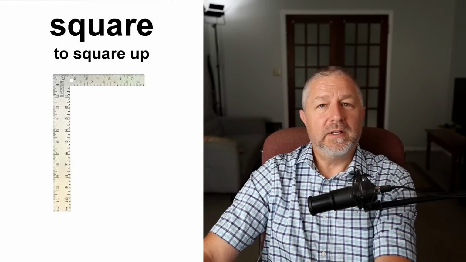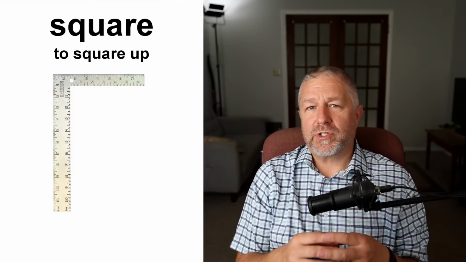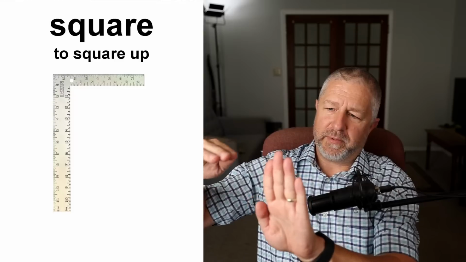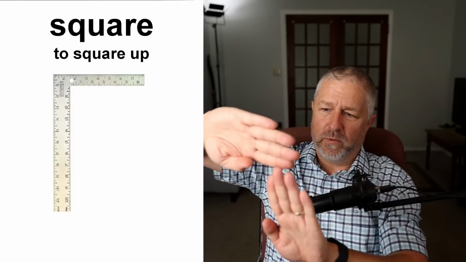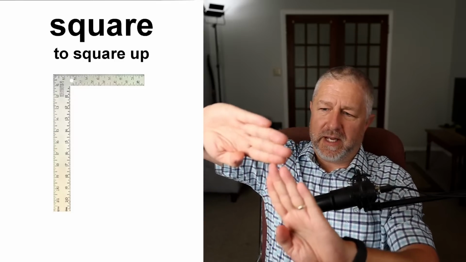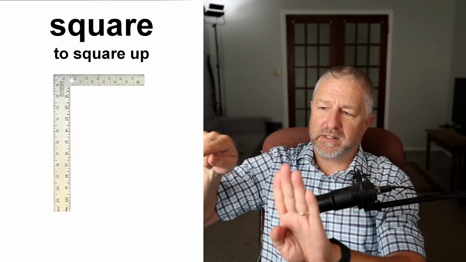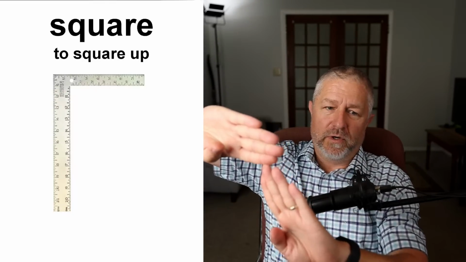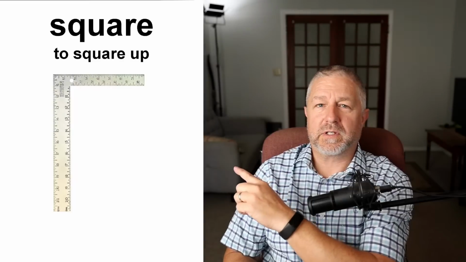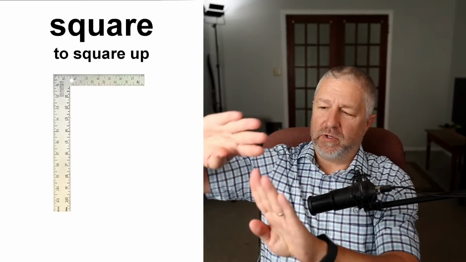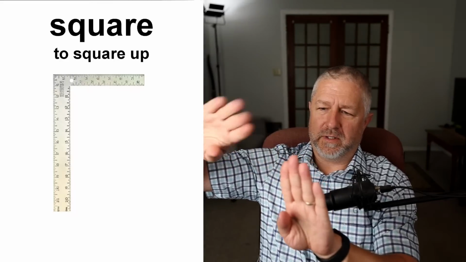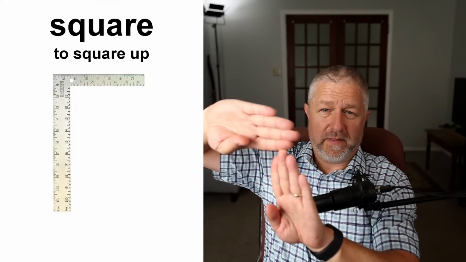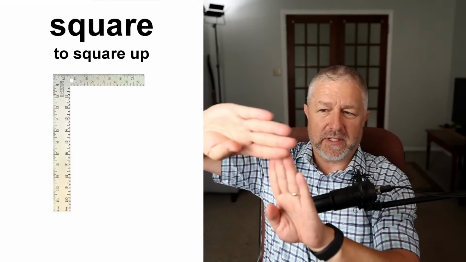A square. So a square is used to square things up. What I mean by this is if you have a piece of wood and another piece of wood, where they come together, you want this to be a 90-degree angle sometimes. And in order to do that, you use what's called a square. So you put a square in the corner, and then you know it's a perfect 90-degree angle, and then you can nail it or screw it together.